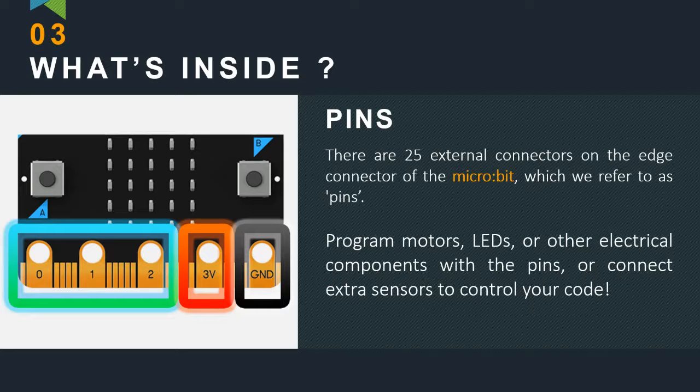As you can see in the picture, 0, 1, 2 are main pins, and the stripes between those pins are other pins. Okay, and you can power up your microbit from 3 volts, or you can supply power to other things such as motor controllers, speakers, and any other things you want.